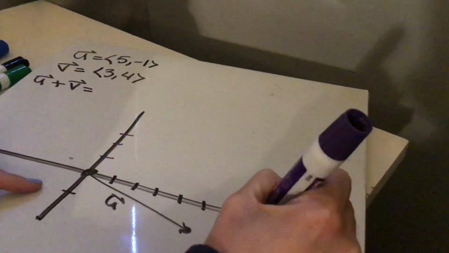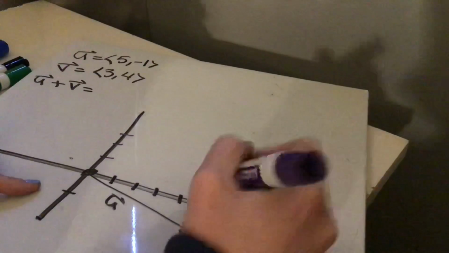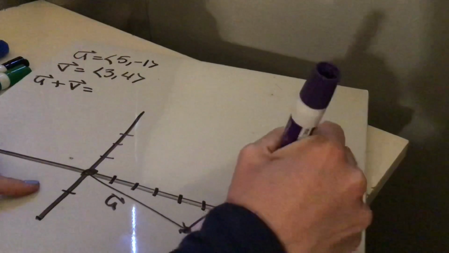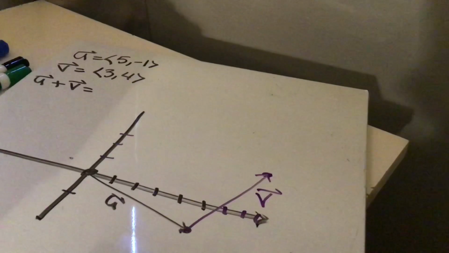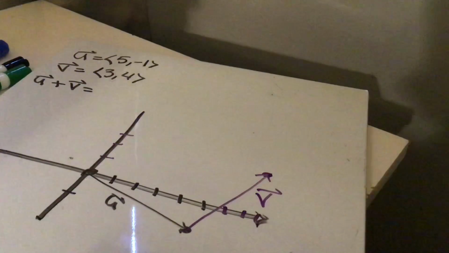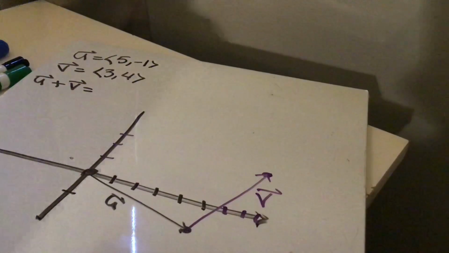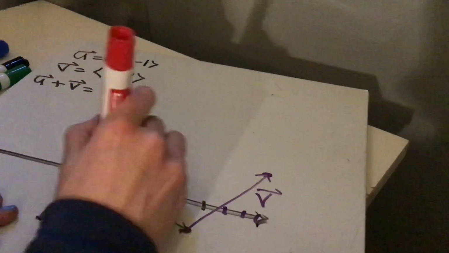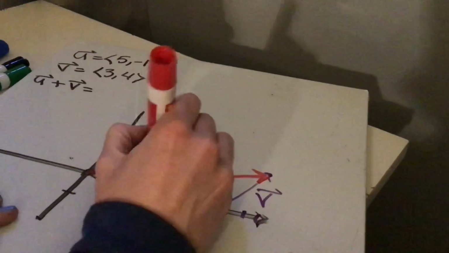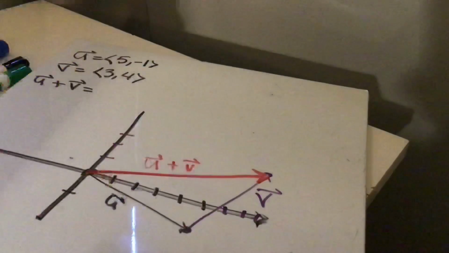So to the right 3, up 4. This defines vector V. Then that tells us that if I start where U started and end where V ended, I will have my sum. So this would be vector U plus vector V.